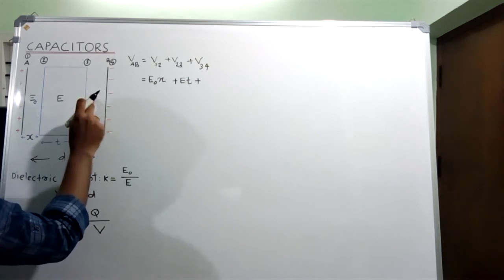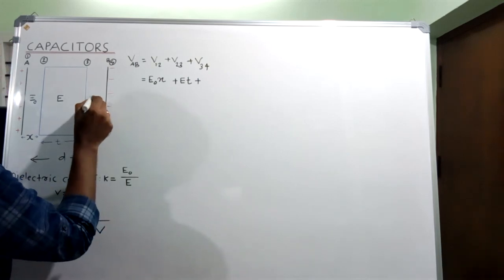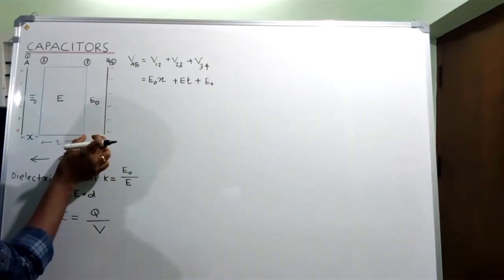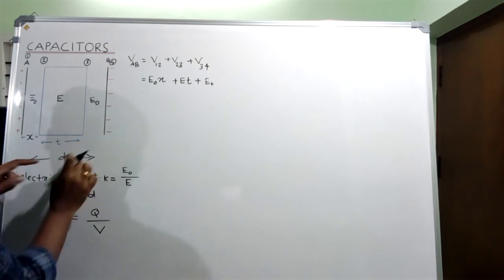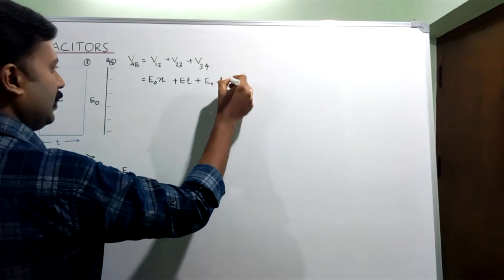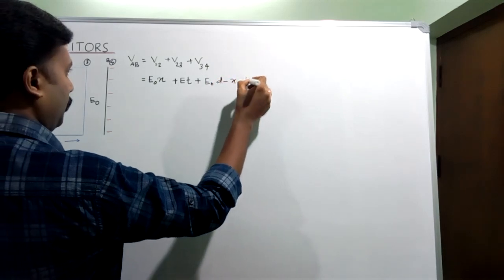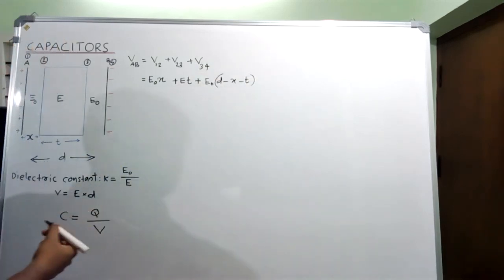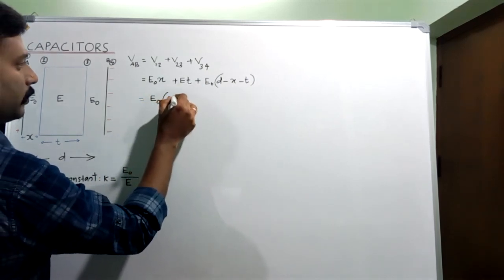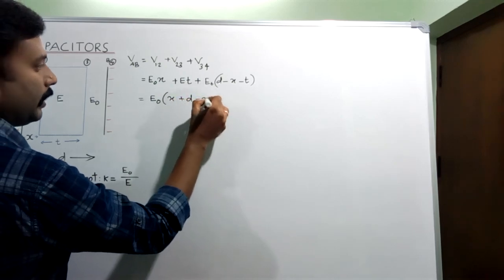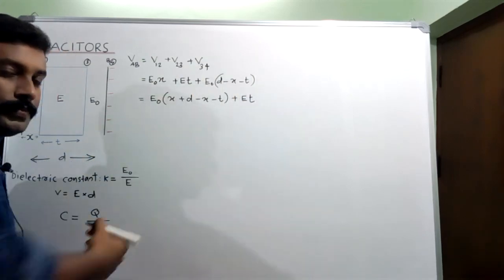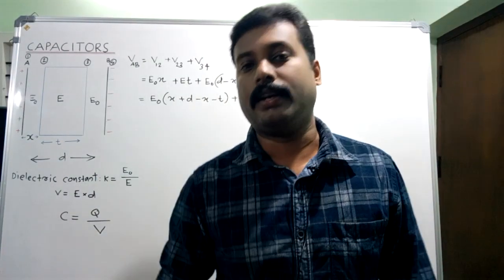This is outside the dielectric slab, so the external field E0, and the thickness is D minus X plus T, that is D minus X minus T. Taking E0 common, we get E0 into X plus D minus X minus T, plus E into T. This is the total potential difference.